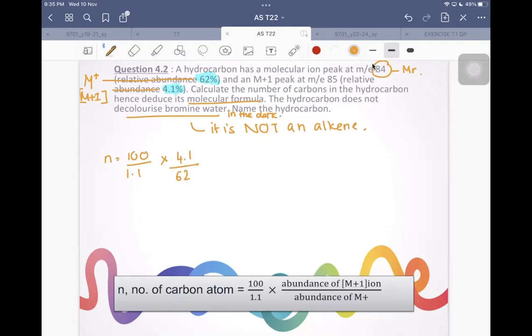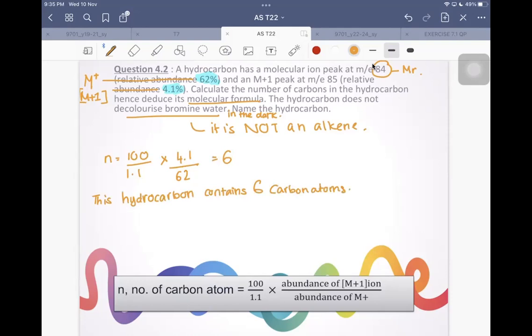So that should come out as 6.011. So it's close to 6. That means this hydrocarbon contains 6 carbon atoms. Okay, now I cannot use this formula to find the number of hydrogens.